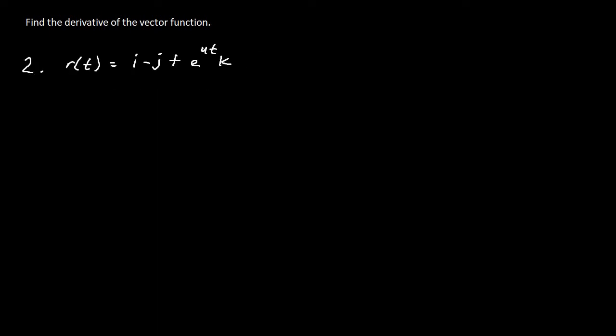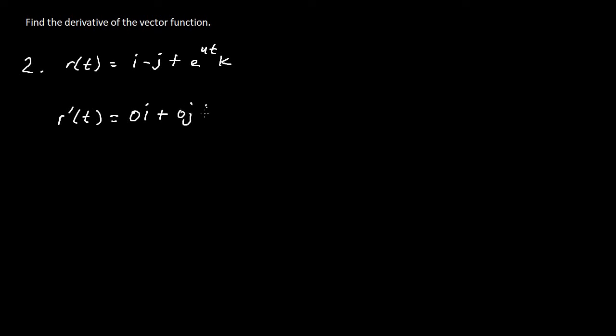For number two, we have to find the derivative of r of t equals i minus j plus e to the 4t k. Once again, for r prime of t, we take the derivative of each individual component. The coefficient in front of i is simply 1, that is the x component, and the derivative of 1 is 0, so we get 0i. Plus, the coefficient in front of j is negative 1, and its derivative is 0, so we have 0j.